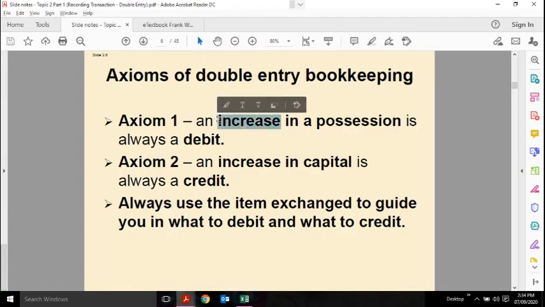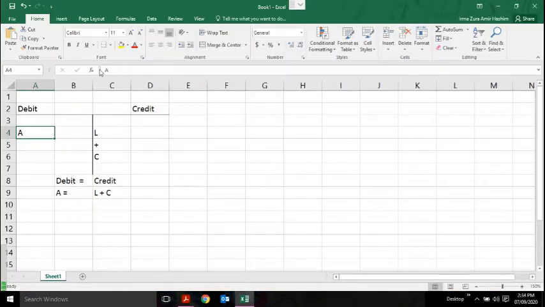Whenever there's an increase in your possession, or basically your assets, I just put plus, meaning asset increase, you will record it on the debit side.